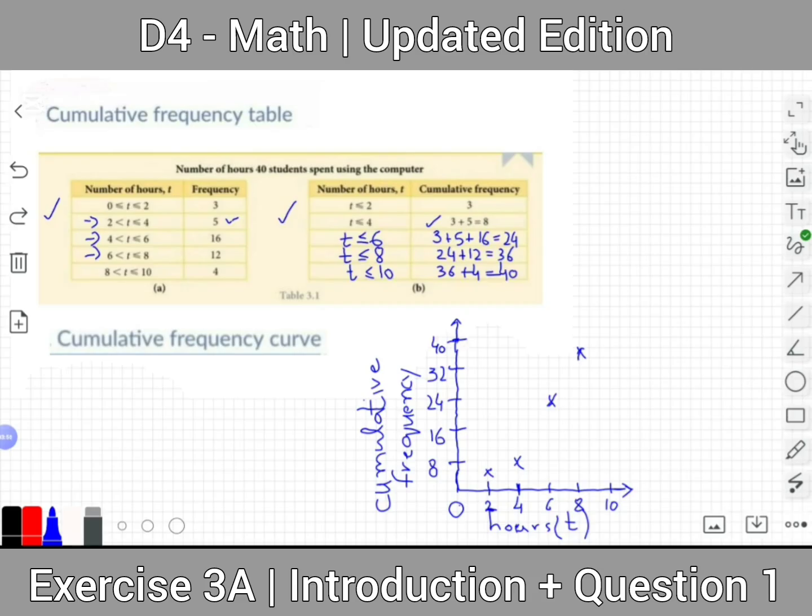And for the last interval, 10 hours spent, with the cumulative frequency of 40, that is here like this.